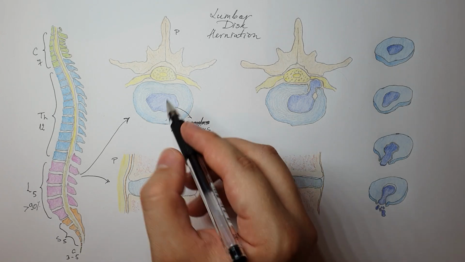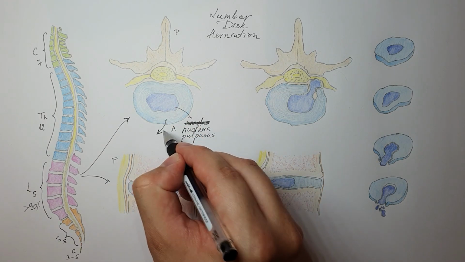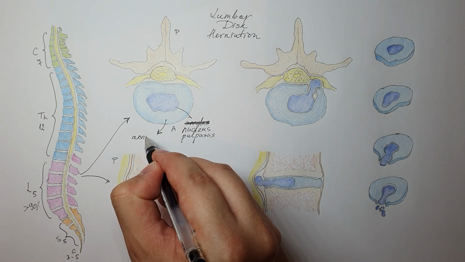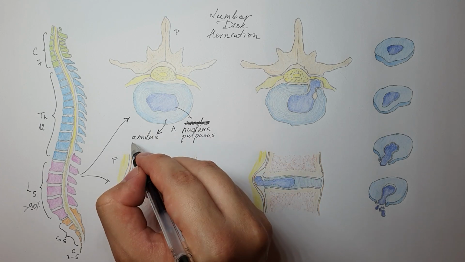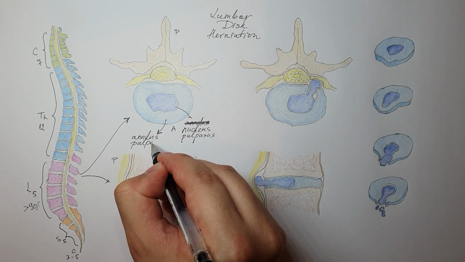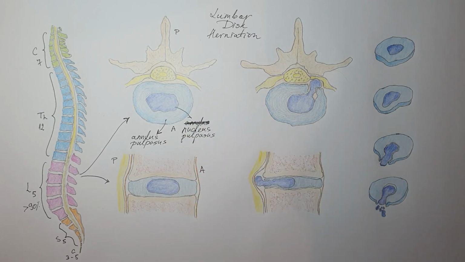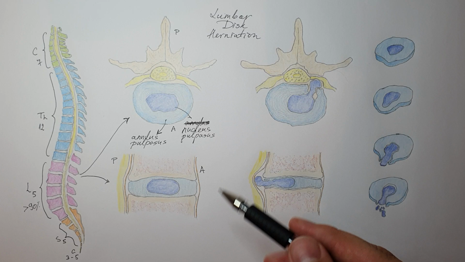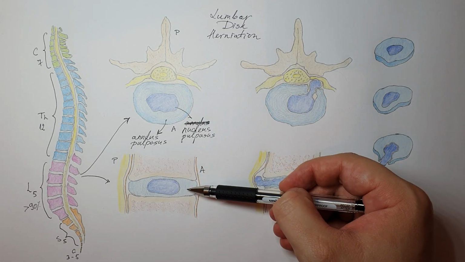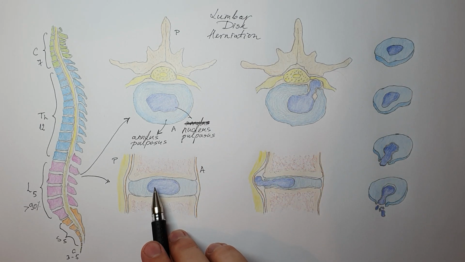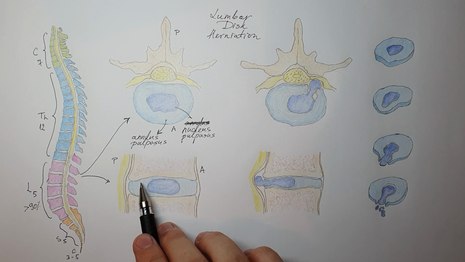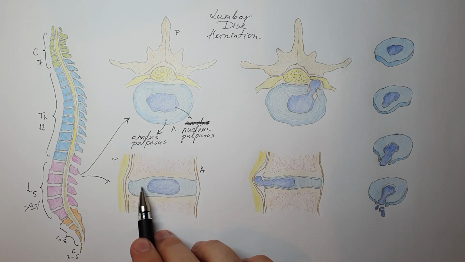This outer part, which looks like a ring, is called the annulus fibrosus. So it is basically a fibrous ring that is going around this nucleus.